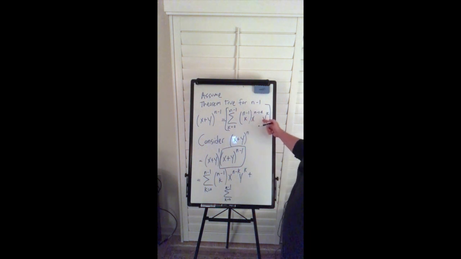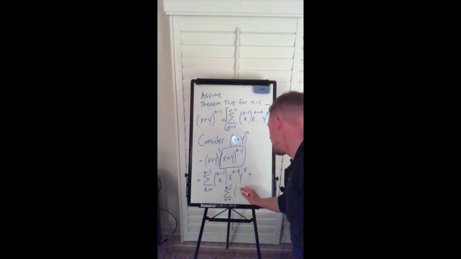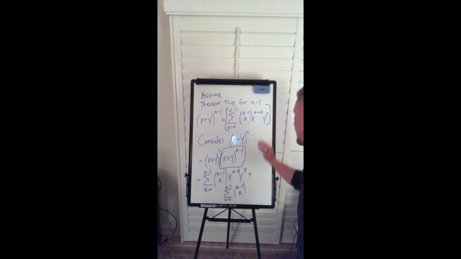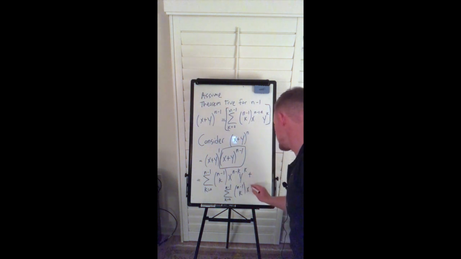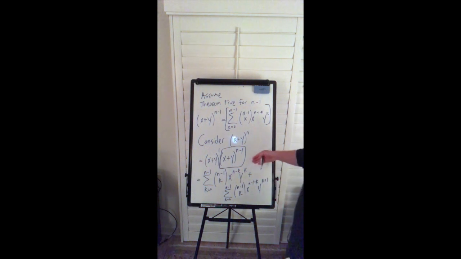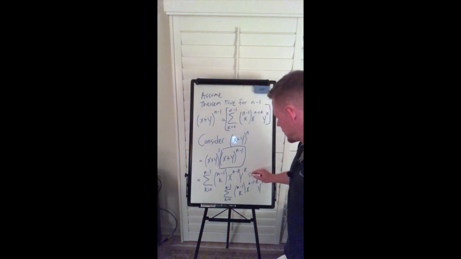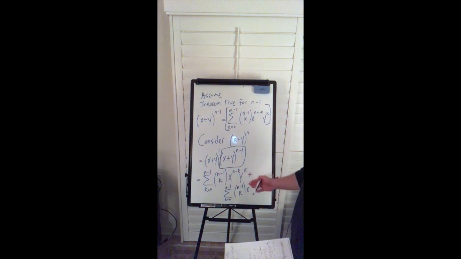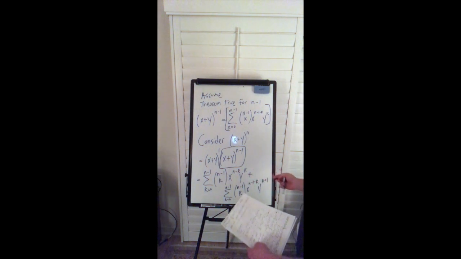And this time we're multiplying the y's together, so we're going to have y to the k plus 1. So I'm going to have n minus 1 choose k, x to the n minus 1 minus k, y to the k plus 1. So that's a plus statement right there. Now I'm going to have to erase the board to create some space.